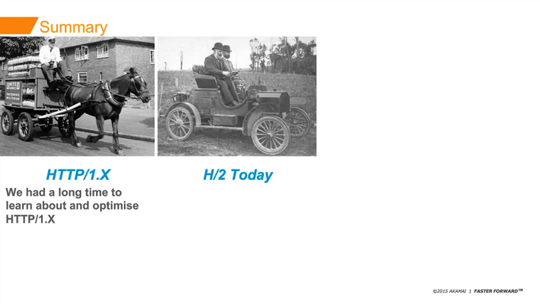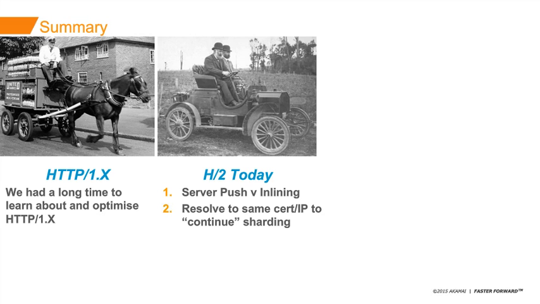We know that we can use server push versus inlining in terms of the optimizations we used to do. We can also address the sharding issue that a lot of people have raised, which suddenly goes away by maybe resolving the same request to the same certificate and IP to continue sharding, and I use that term lightly, in the same way that we have done in HTTP 1.1.